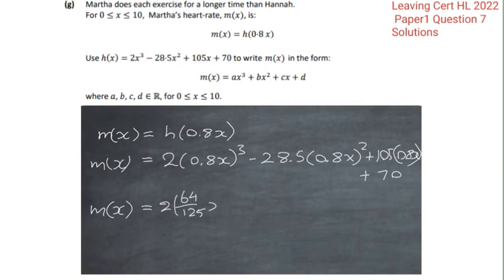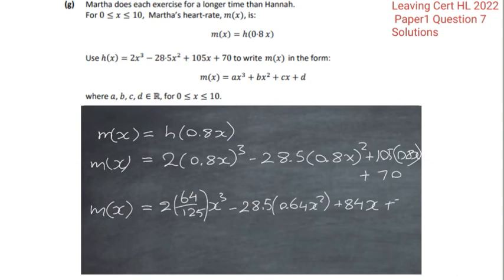We can write our x cubed alongside, and we have 0.64 for 0.8 squared, and we have the x squared alongside, and also we have 0.8 by 105 is 84.